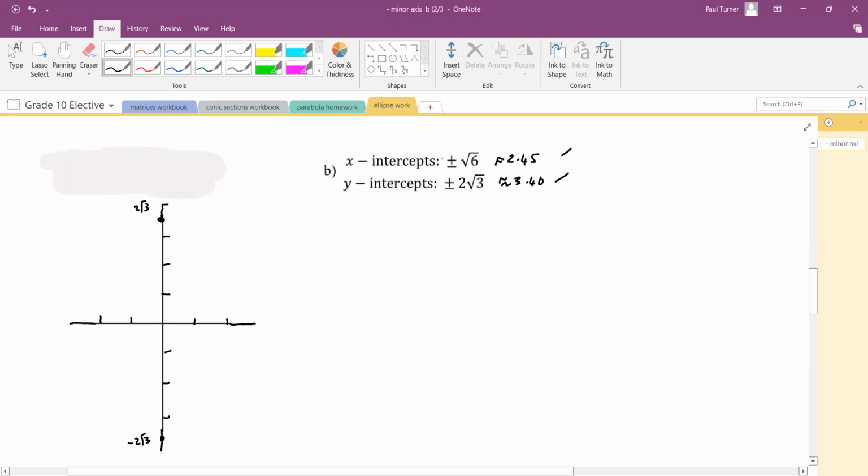And for your x-intercepts, around 2.45. So 1, 2, 3, so 2.45, about there. So that's going to be root 6. And on the other side, 1, 2, 2.45, about here. So negative root 6. So we can draw the graph in.